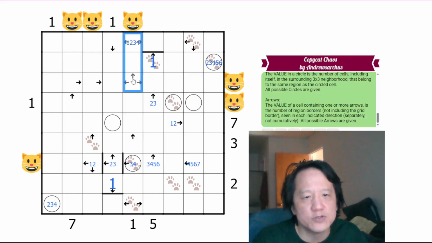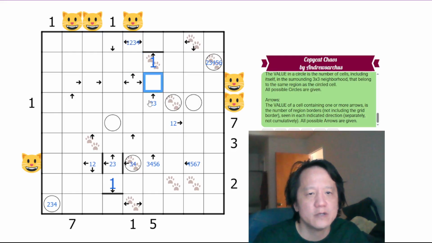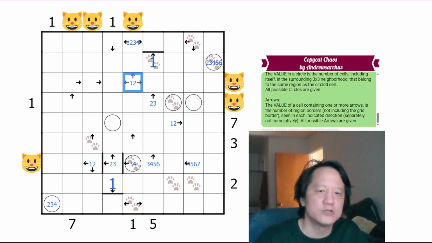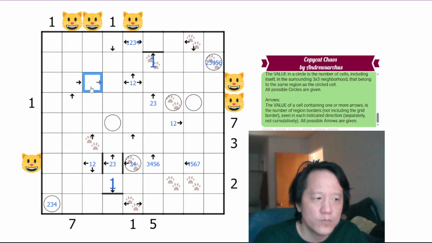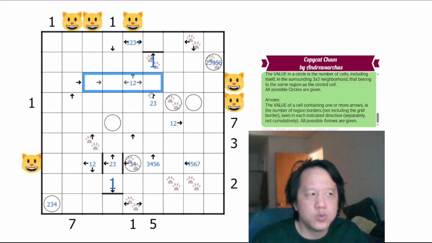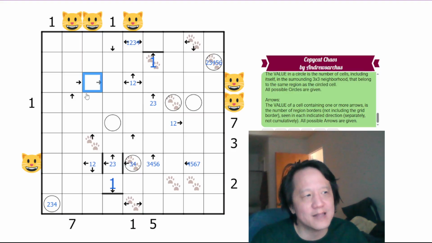This sees at most 2 going this way. So this is 1 or 2. This could be, this sees, it could be less.